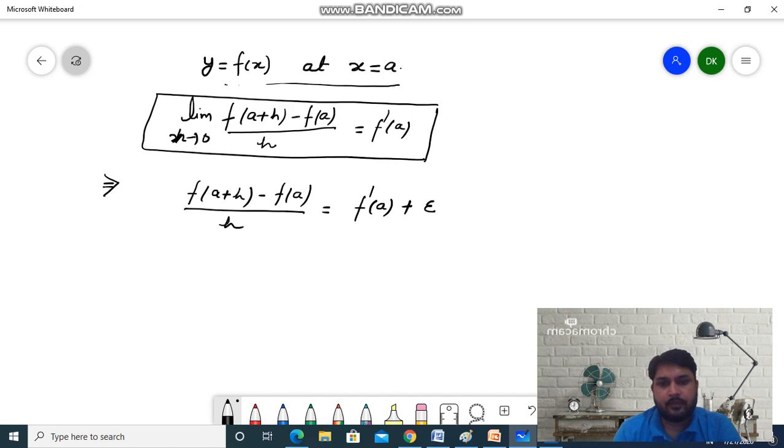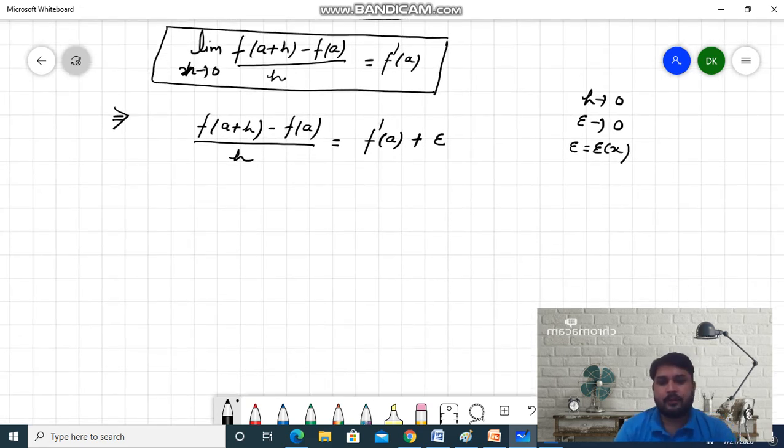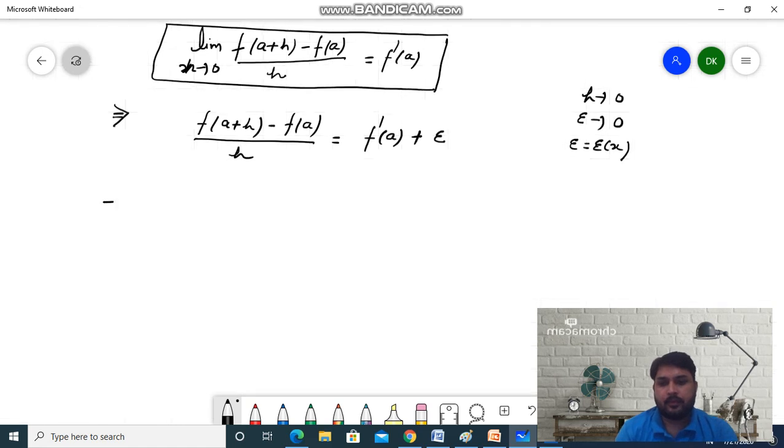When h tends to 0, then epsilon tends to 0, and epsilon is a function of h only. Because epsilon is a very small quantity, f(a plus h) minus f(a) is equal to f dash a into h plus epsilon into h.